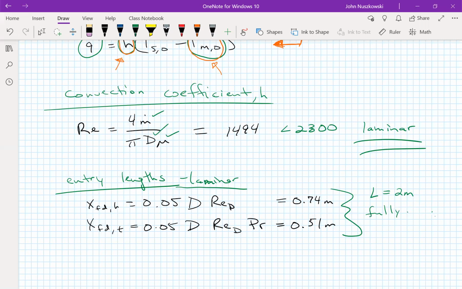Let me write this a little nicer. Fully developed hydrodynamically and thermally.